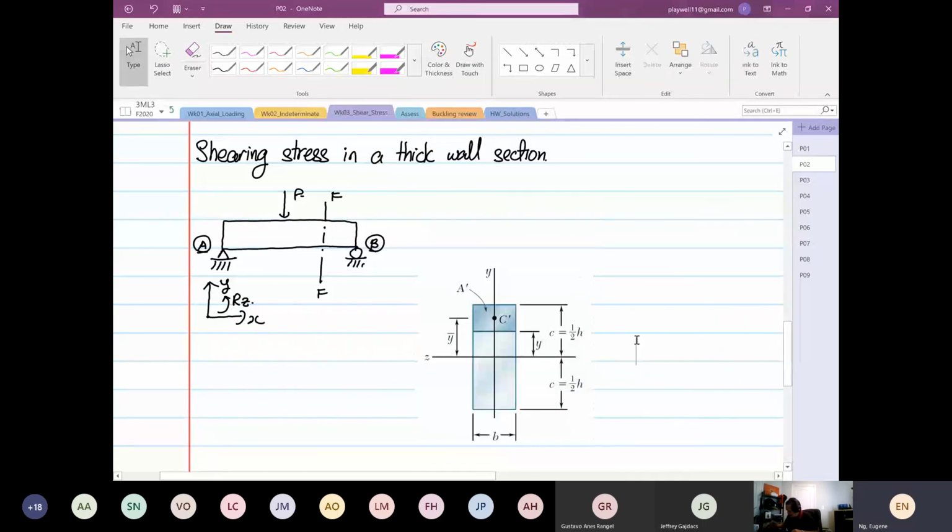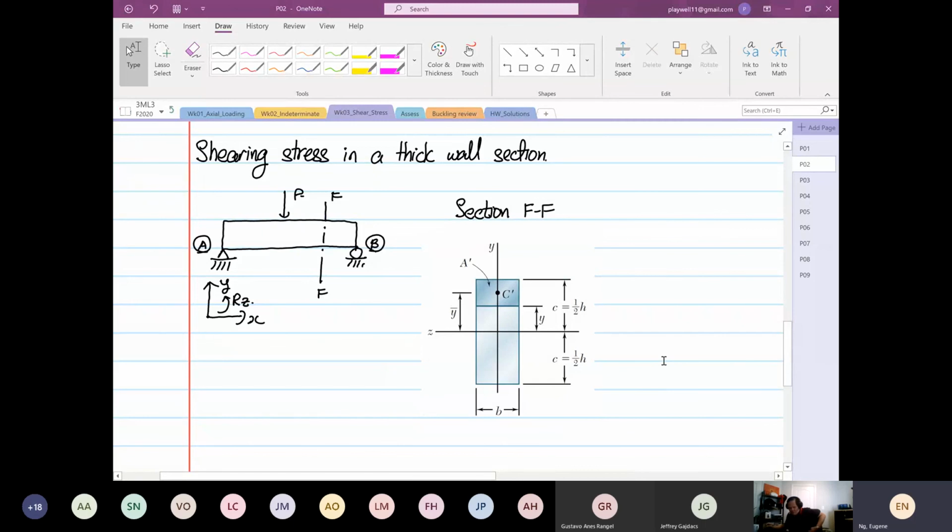Okay, so what we are seeing now is our section FF. This happens to be a rectangular block. If we were to draw our axes, you can see over here this is our Y, Z, and this is rotation about X. Now for this diagram, based on where the shear force will appear, the shear force will come down in a VY direction.